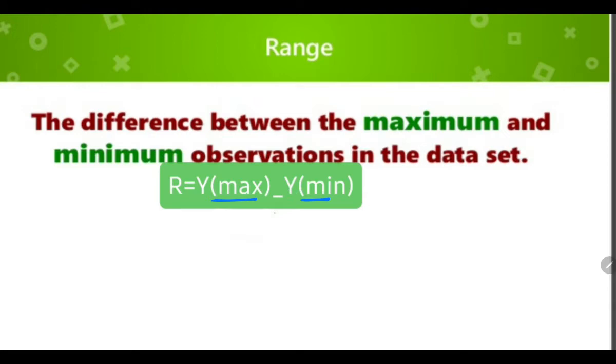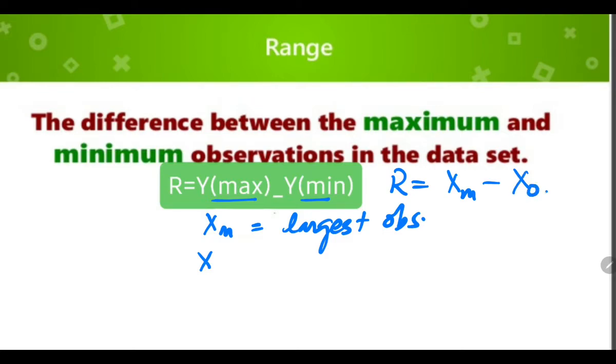Or you can say Xm is the largest observation, and sometimes we write Xm minus X naught, where X naught is the smallest observation in a data set. This is for ungrouped data.